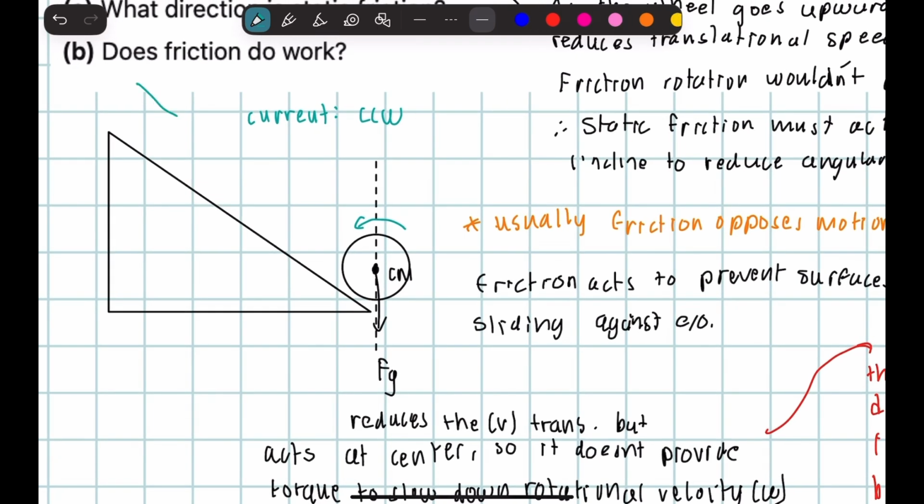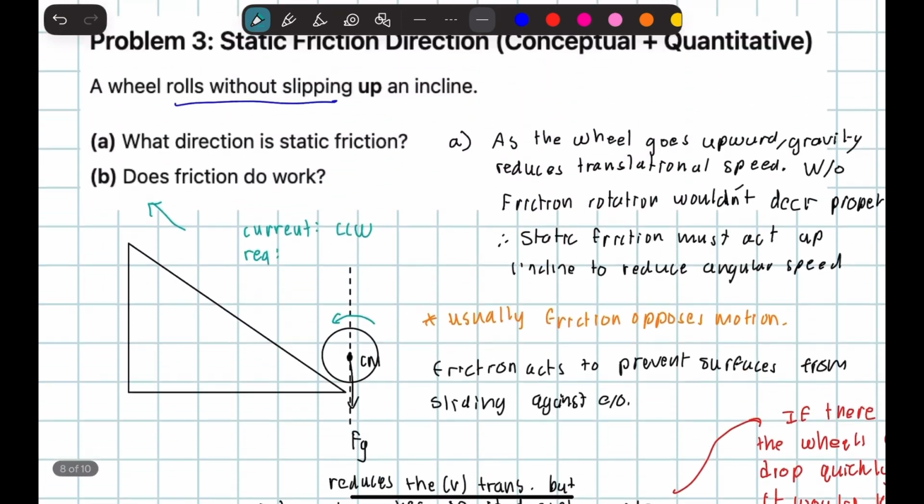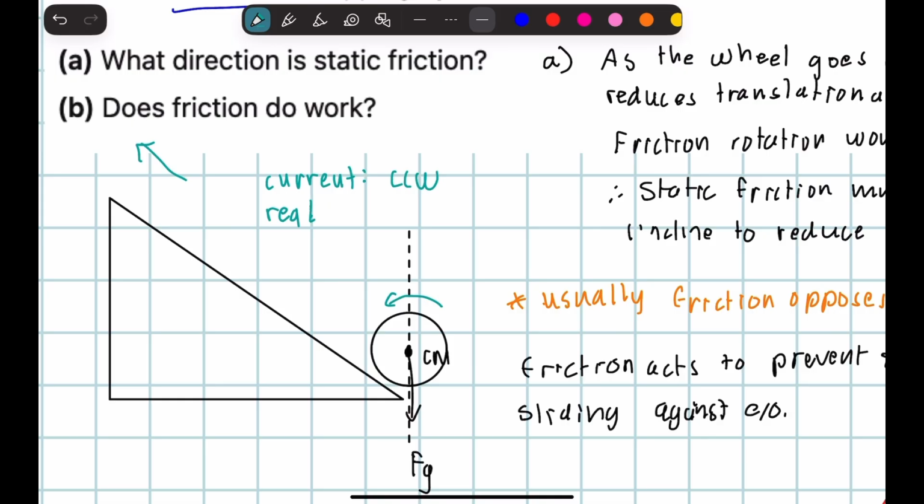But for torque, we want the torque to oppose the current rotation, so our required torque has to go clockwise.